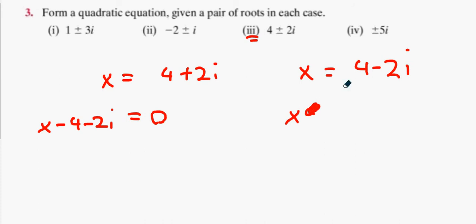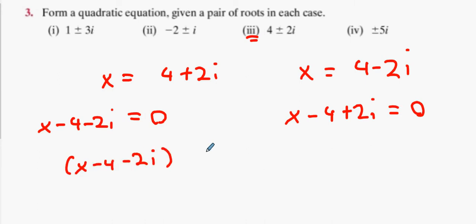What's next? We cool? Then after that? And now what do you do after that, lads? You're going to multiply it out.